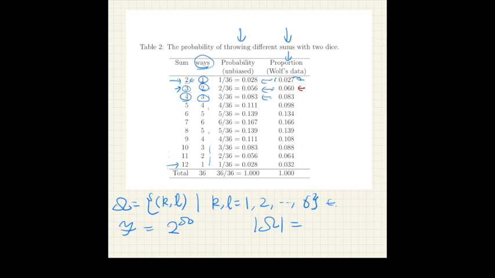Since k and l can vary from 1 to 6, there are in total 36 elements here. And how do you define the probability measure? Just define it as the cardinality of any element of F divided by the cardinality of omega, which is 36. So this 36 comes here.